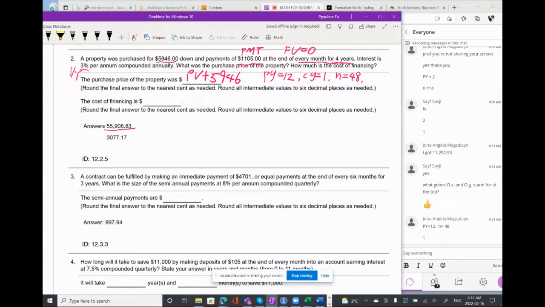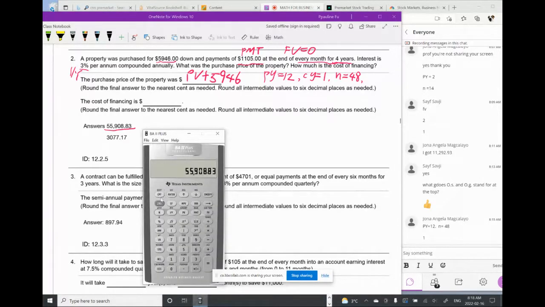And next, what is the cost of financing? In order to do that, we also need this number. I'm going to write down this number.